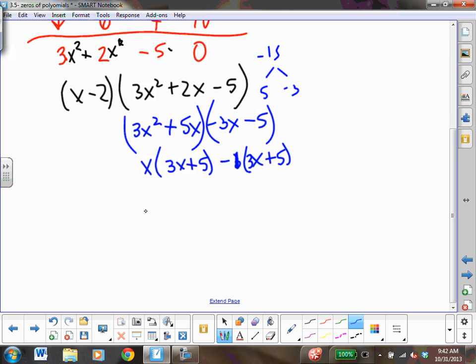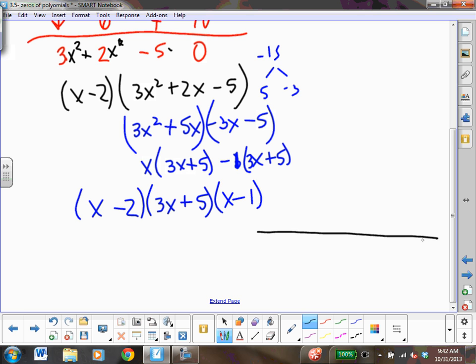So 3x squared plus 2x minus 5 factors to be 3x plus 5 and x minus 1. And now I am completely factored, which means that I can make my sketch.